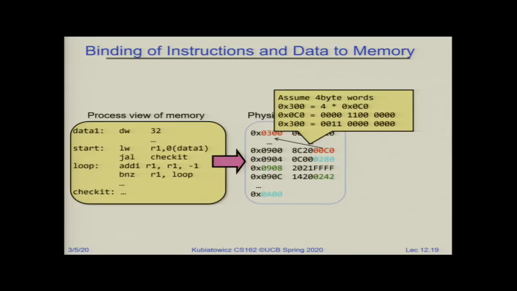But I wanted you to notice the fact that we're loading a word, which is a 32-bit thing. Remember what we said earlier? If you're loading a 32-bit item, how many bytes is it? It's 4. That means that to specify an address, I don't need as many bits. Instead of 32 bits, I only need 30 bits, or instead of 16 bits, I only need 14. So what happens here is this 0C0 that I put in this offset actually represents an address that's 4 times the size, because I'm loading words.